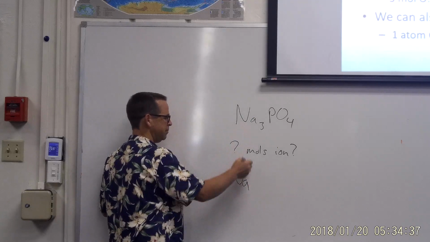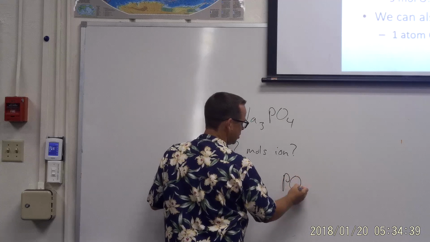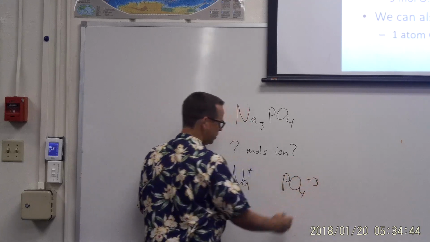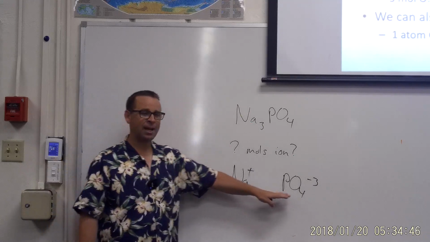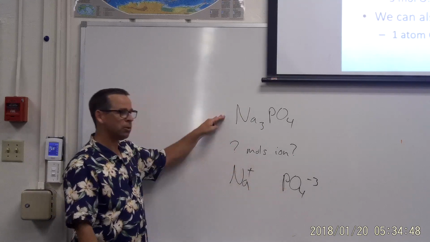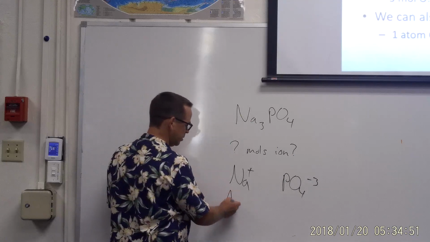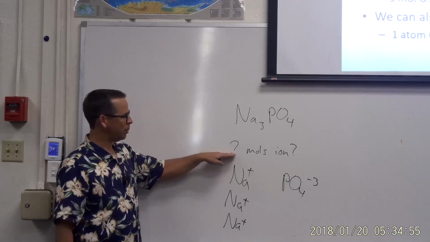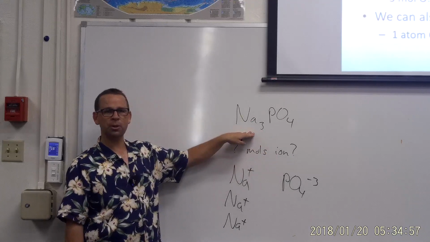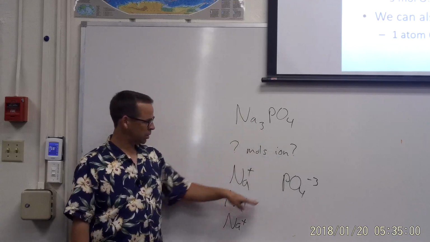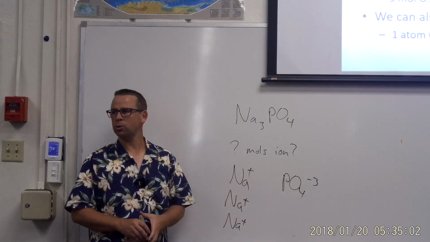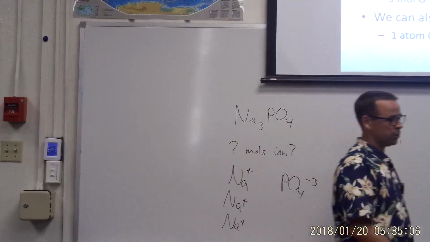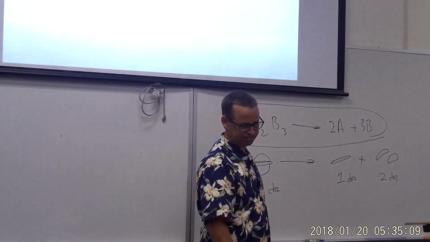Sodium ions and what's the charge on the phosphate? PO4 3 minus, all right. So those are the kinds of ions. 1 mole of this will result in how many sodiums? 3. Good. So how many moles of ions do I have if I have 1 mole of sodium phosphate? 1, 2, 3, 4. Right? 4 moles of ions for every mole of sodium phosphate. Okay? Different kinds of stoichiometric statements that can be made.